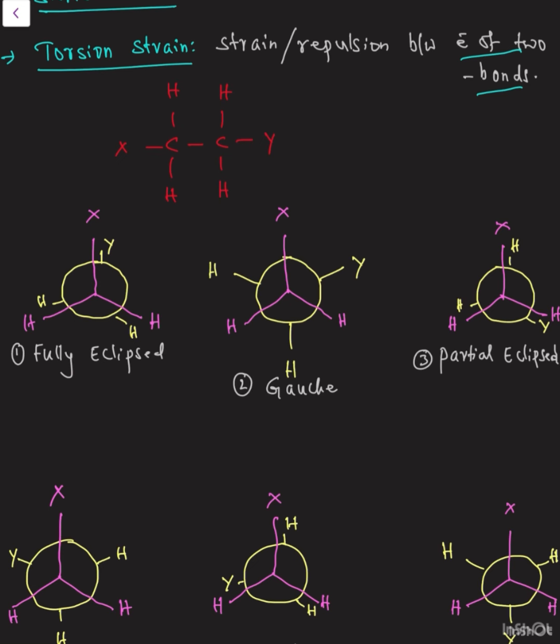Like this, in place of XY we can change the atoms. Just try to understand what type of rotamers, that is rotational isomers, are possible by rotating by 60 degrees. Try to understand that with the help of this example.